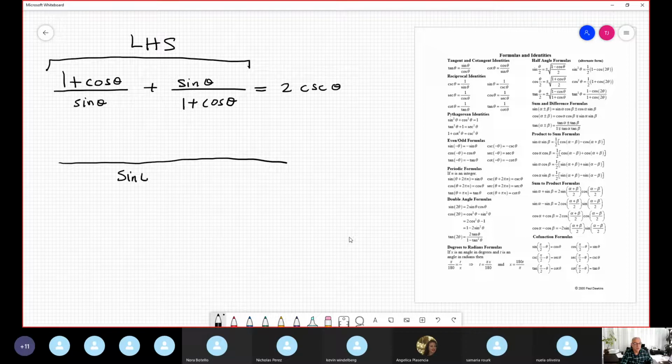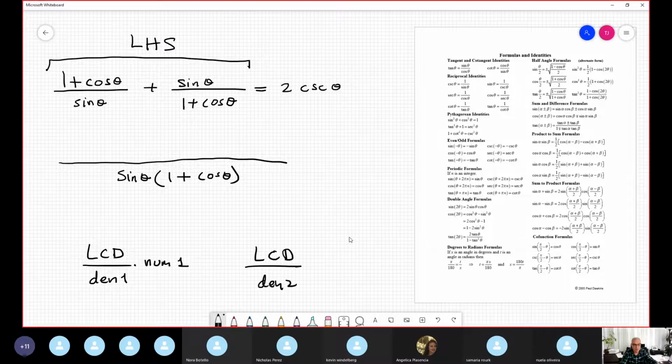The LCD is the combination, sine multiplied by cosine. You take both factors separately, put them together, and you form the least common denominator. And you divide, remember the formula, guys: LCD divided by denominator 1, multiplied by numerator 1. Again, LCD divided by denominator 2, multiplied by the corresponding numerator 2.